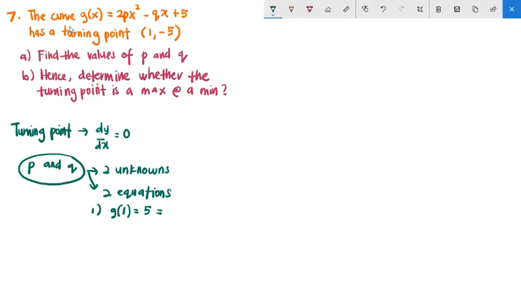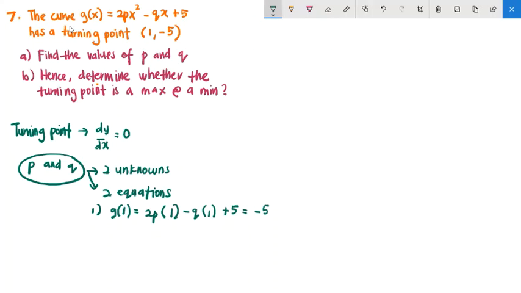Substitute: 2p(1) minus q(1) plus 5 is equal to negative 5.